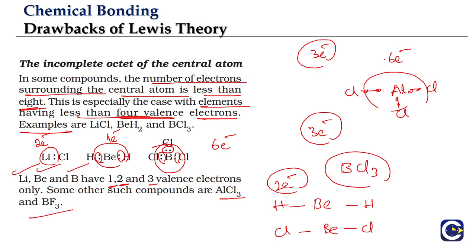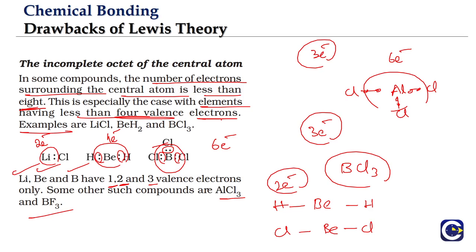If the basis of the Lewis theory is that in molecules where chemical bonding happens, the atoms will be able to achieve the octet structure, what we see is that BCl3, BF3, AlCl3 or BeCl2, all these molecules do exist, but the central atom is not able to reach the octet.